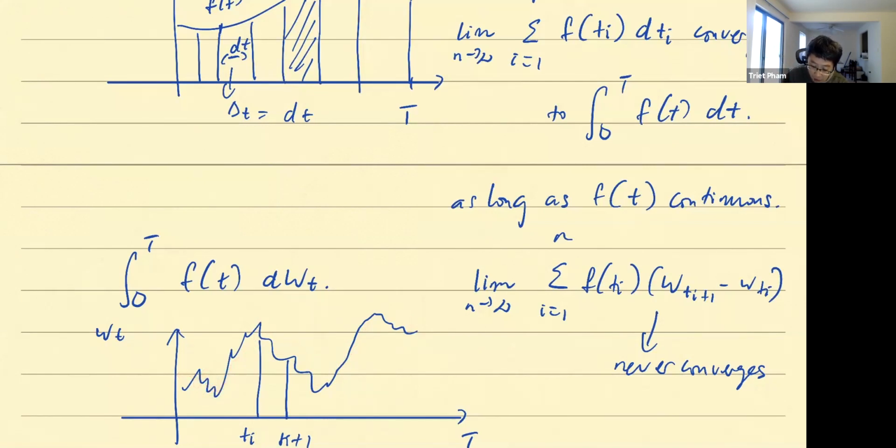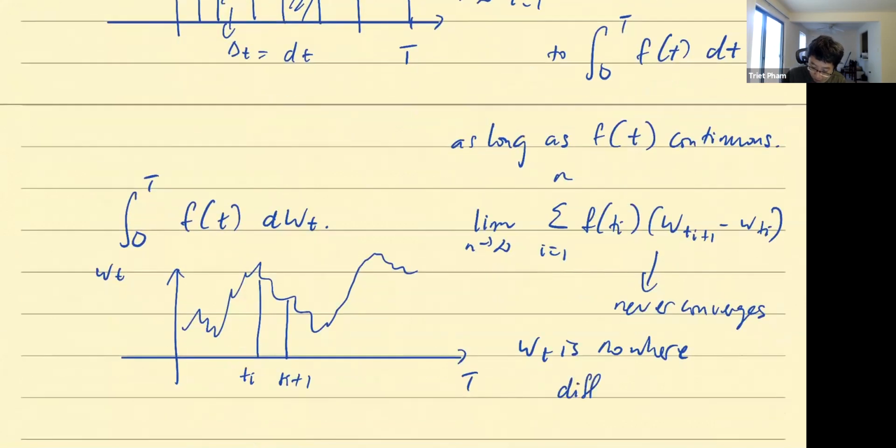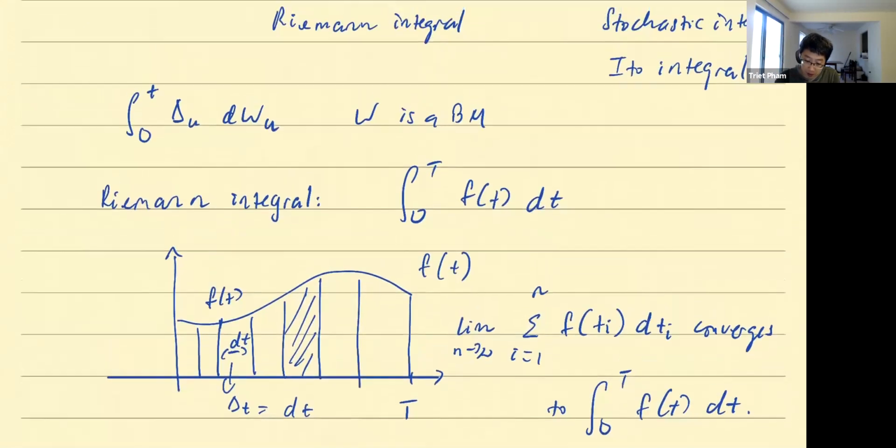So basically, the Brownian motion path is nowhere differentiable, and that makes this sum not interpretable under regular calculus rules. Okay, and that's why it must be treated under a special umbrella called the stochastic integral.